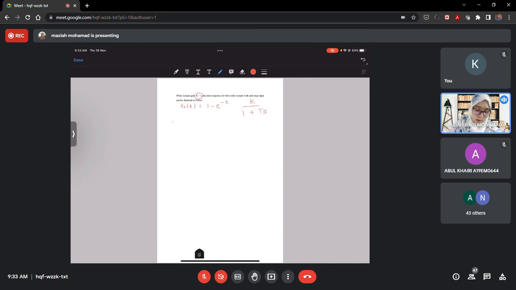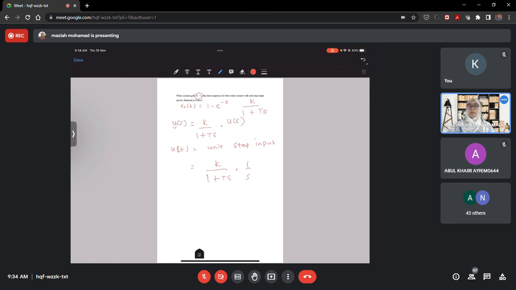Let's consider the output is Y. Ys is equal to the transfer function, k over 1 plus ts, multiplied with the input Us. The input ut is the unit step input, so you have k over 1 plus ts multiplied with 1 over s.